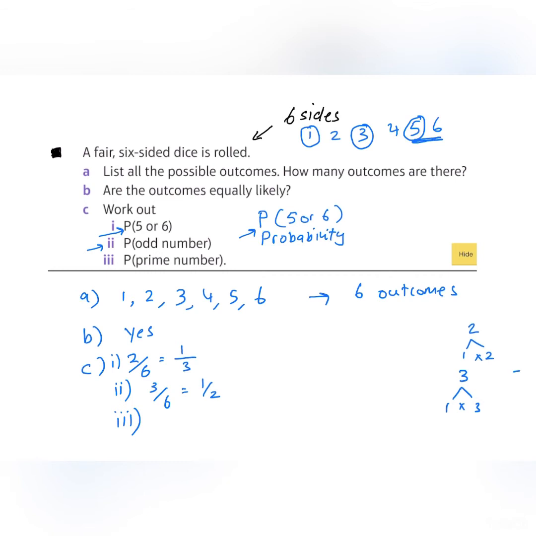And 5 is another prime number because only 1 times 5 will make a 5. Now 1 is not a prime number because it only has 1 as a factor. So there are 3 prime numbers on there: 2, 3 and 5. So that's 3 out of 6 again, which is a half.